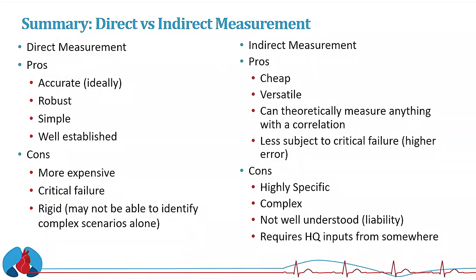They take one signal, they convert it to an electronic readable output, and you're able to find out what's going on, whatever you're trying to measure. Sensors are well established, they're well known, everyone knows what it is, doctors can trust them. Oh yeah, it's a pressure sensor, I know what a pressure sensor is. That's all good things about direct measurement.